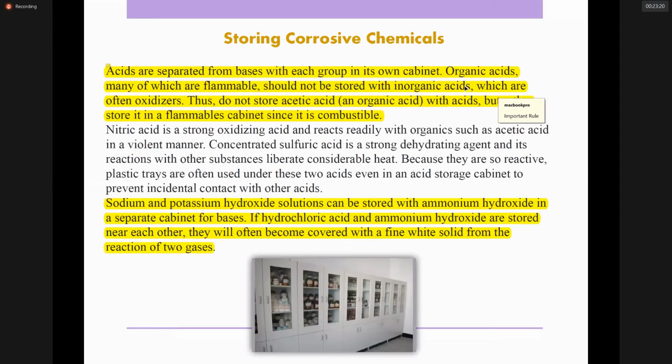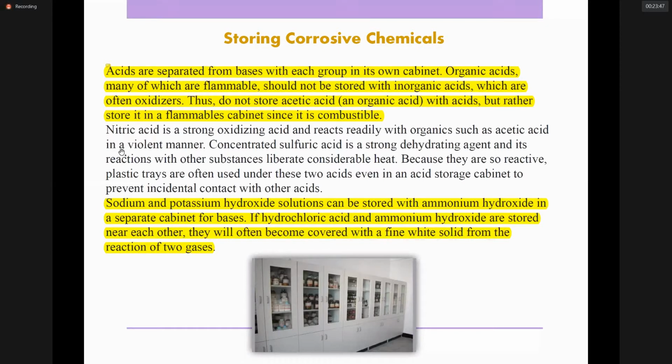Organic acids must also not be stored next to inorganic acids, which are often oxidizers. So don't store acetic acid, an organic acid, next to flammable solutions or in a flammable cabinet.